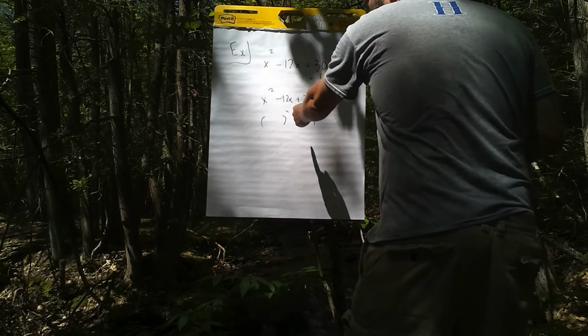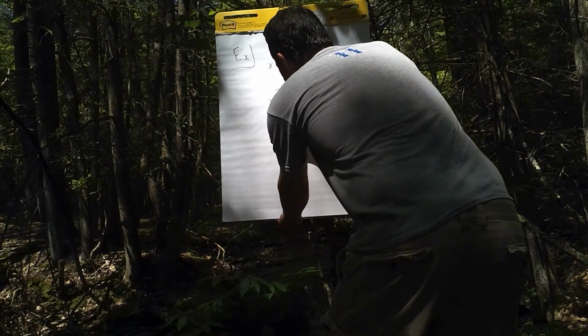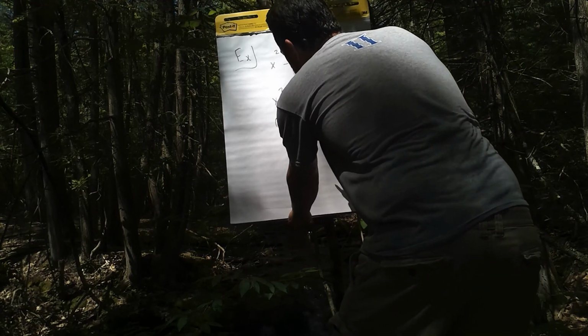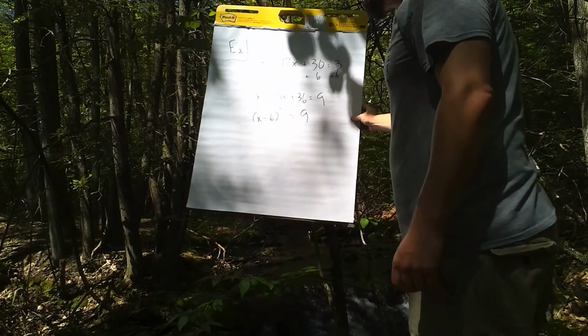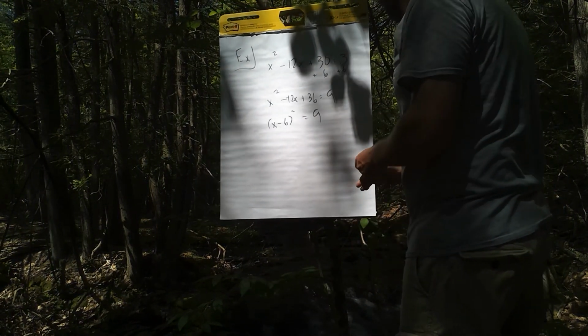However, the shortcut for completing the square is it's always going to be the variable, and then half of this. Half of minus 12 is minus 6.